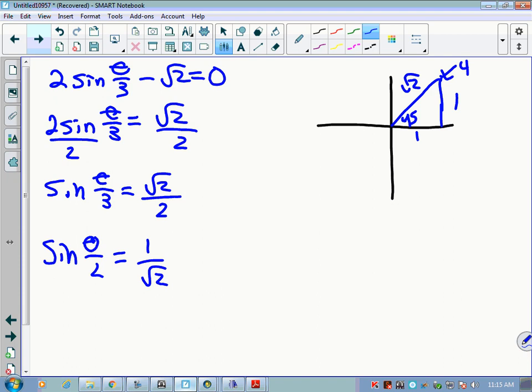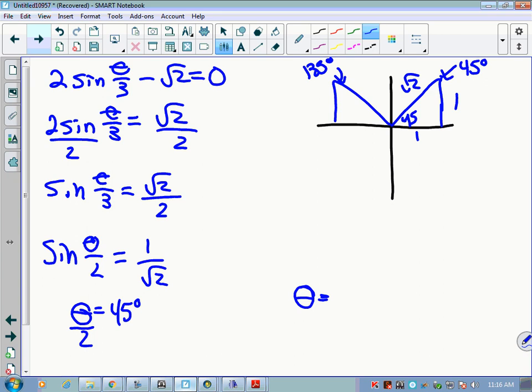45. Okay? All right. But I can get another one over here, correct? Which means this one's going to show up at what, 135? Okay. So if theta over 3 equals 45 degrees, then what is theta? I have a question.